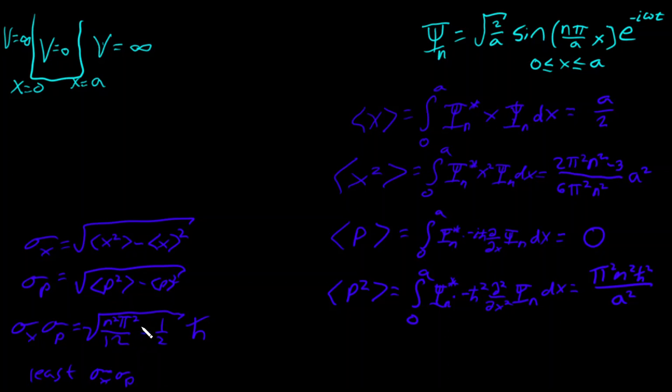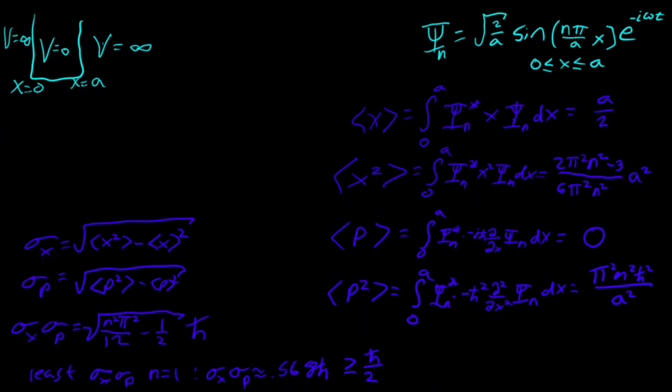As n gets bigger, the inside of the square root gets bigger, and so the smallest is n equals 1, and at n equals 1, the uncertainty, sigma x, sigma p, is approximately, let's see, 0.568 h bar, which is greater than or equal to h bar over 2. So every state then has a larger sigma x sigma p, so it will definitely be greater than or equal to h bar over 2. So all these states do follow the uncertainty principle.